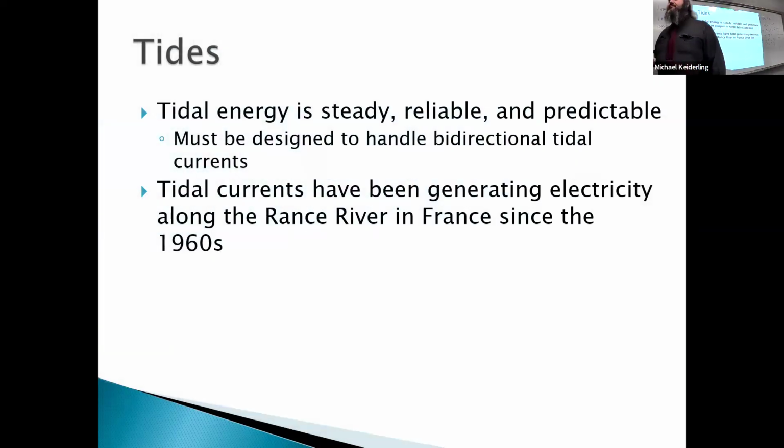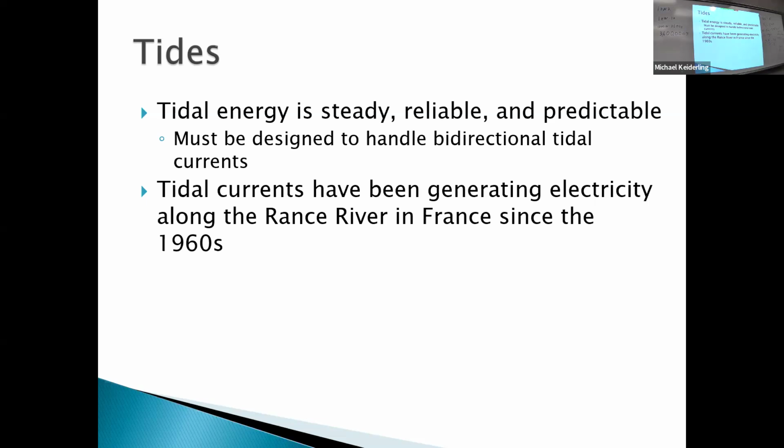Another source of energy that people would really like to use is tidal energy, because tidal energy is steady, reliable, and predictable. Tides go in and out twice a day, nice and predictable. But if you're going to use tidal energy, you need to have things set up to handle bidirectional tidal currents, and you need to deal with things built in the ocean.